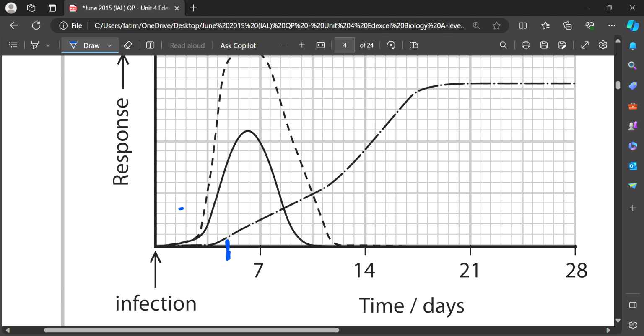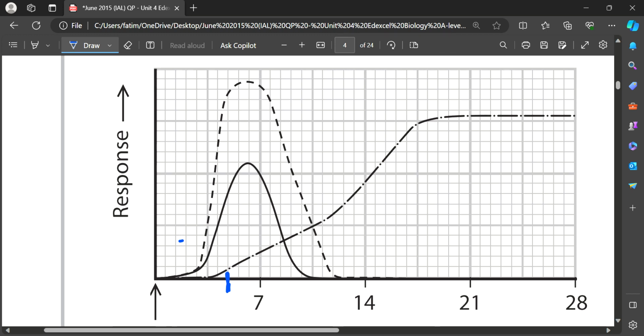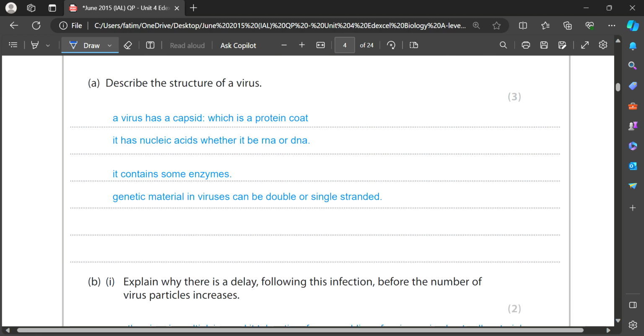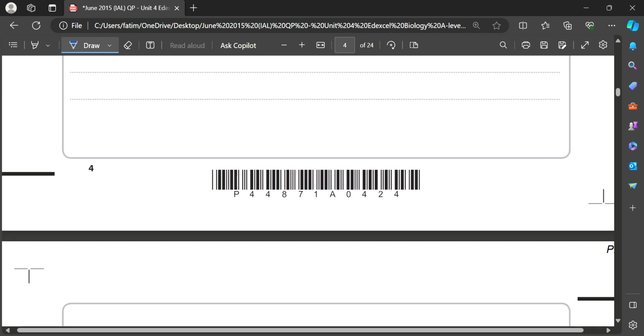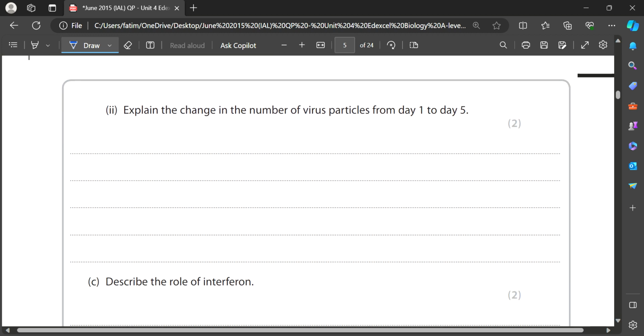So day 1 to day 5, the virus is increasing over here. We need to explain the change in the number of viruses, so we're not going to say that it's increasing. We're going to go straight to the point and explain why it is changing.